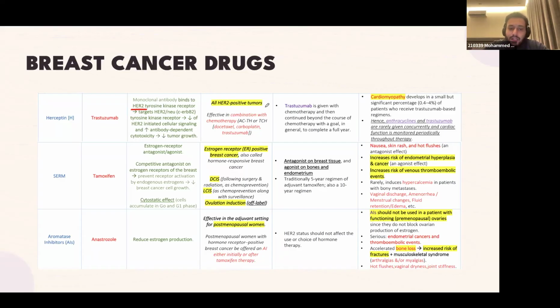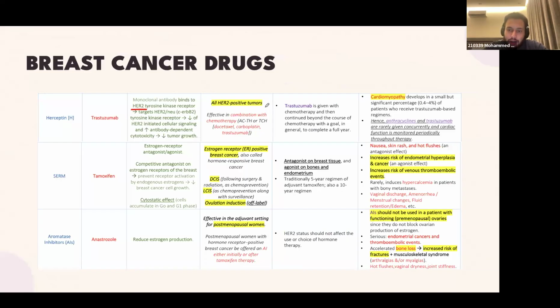Perfect. Then you have a patient with BRCA2 mutation. Will they be estrogen receptor positive? Yes or no? Yes. HER2, will it be positive or negative? Negative. Good. So what drug will you give to this patient who has ER positive? Tamoxifen.